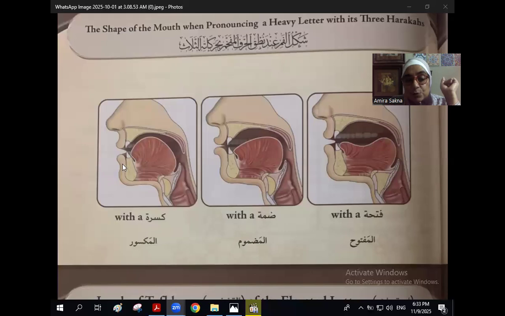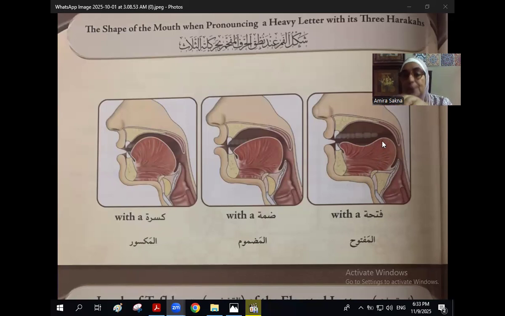While with kasra, it will be like this. Middle part of the tongue will be higher, and the lower jaw lowers. Yes? And remember the shape of the tongue when I pronounce the fatha with a heavy letter, or the natural mad alif with a heavy letter, not like when I pronounce the fatha or the natural mad alif with a light letter. This will be explained inshallah next week.